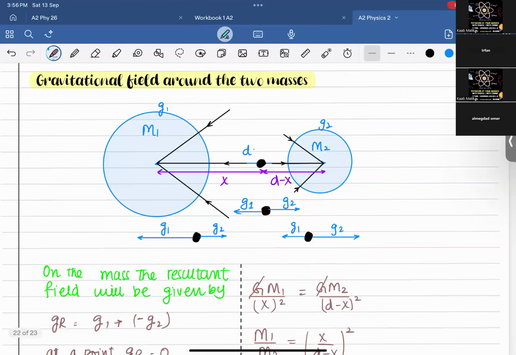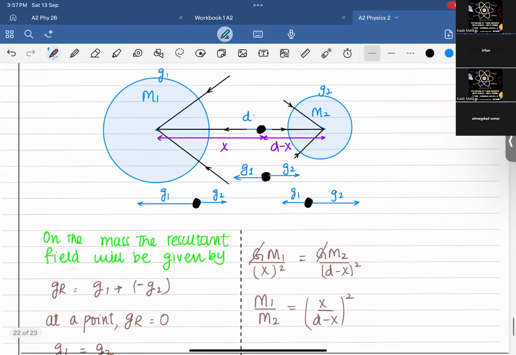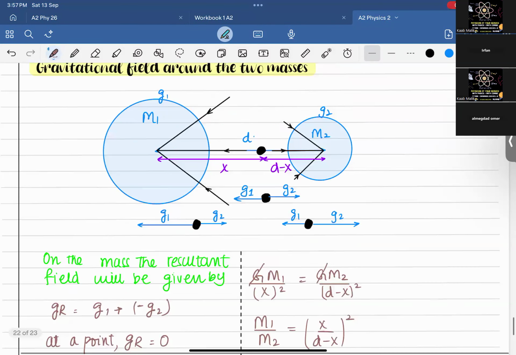Can I draw the graph? So this is how the formula relates the masses and their distances between the two objects.